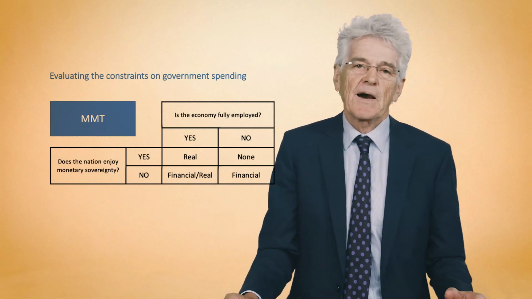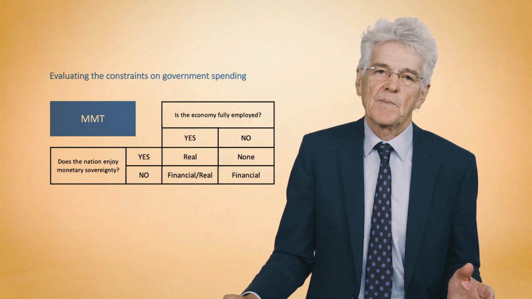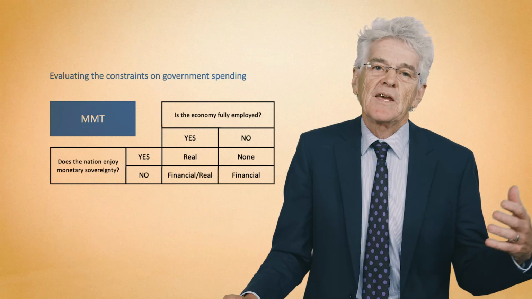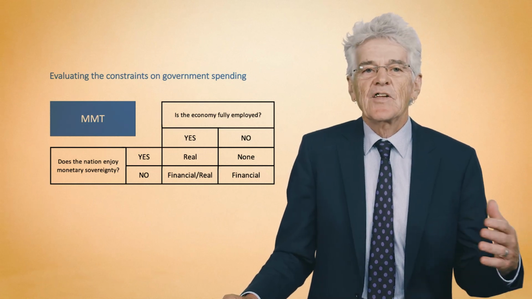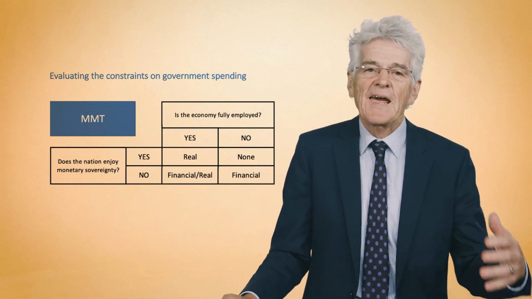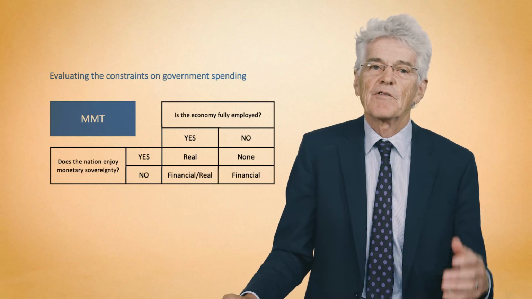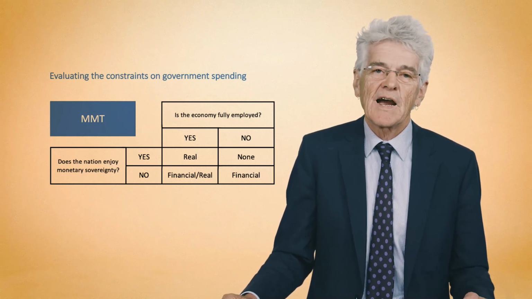We're going to think about whether the government is sovereign in its currency. What does that mean? We've already learned that that means it issues its own currency, it sets its own interest rate, it doesn't peg its currency to any other currency or any other commodity, so it floats it on the international currency markets.